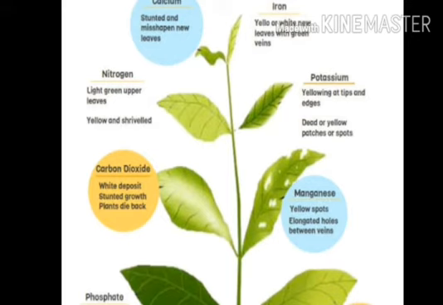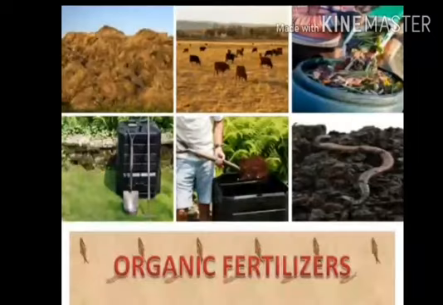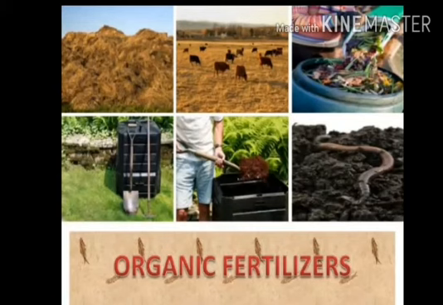Calcium, nitrogen, carbon dioxide, phosphorus, magnesium, manganese, potassium, iron, these are all very important nutrients for the growth of plants. So, no soil can provide all nutrients. So, we have to provide them additionally by organic fertilizers.